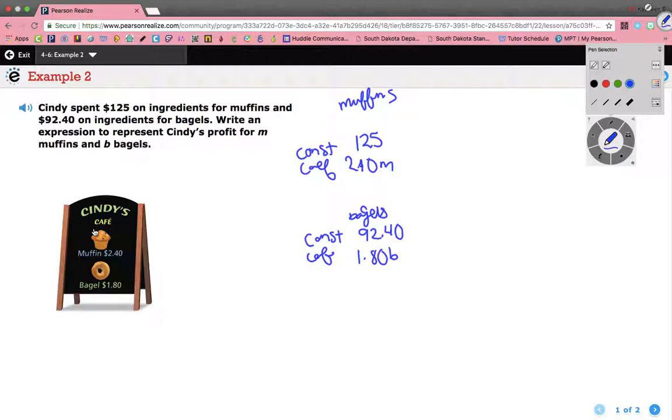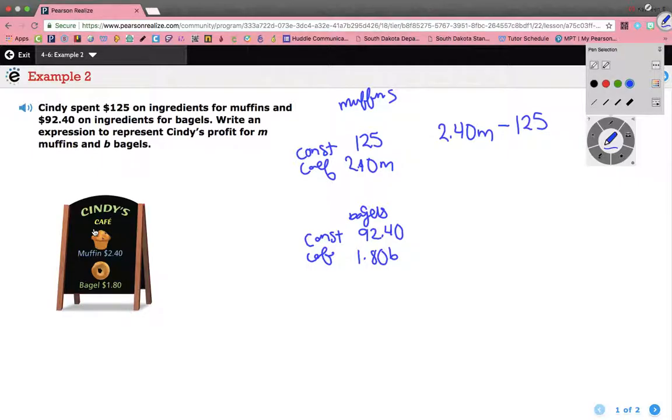So, for the muffins, what is the expression for finding out her profit on the muffins? Well, she makes $2.40 per muffin, and she is going to subtract the $125 she already spent on those muffins to figure out how much money she makes after all the muffins are gone.